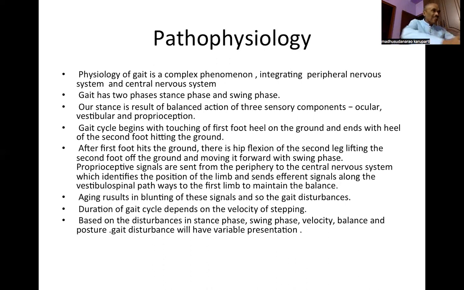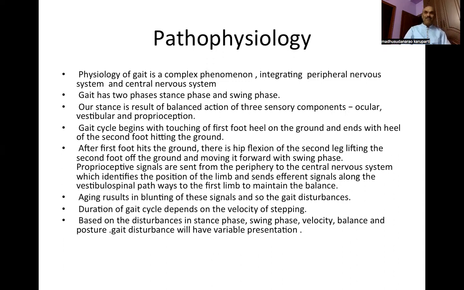Gait is a cyclical event. The gait cycle includes, when you are stepping forward, the first limb is flexed at the hip and moved forward, and the second leg is at the stage of stance. That means the physiology of the gait has two stages: the stage of stance and the stage of swing.